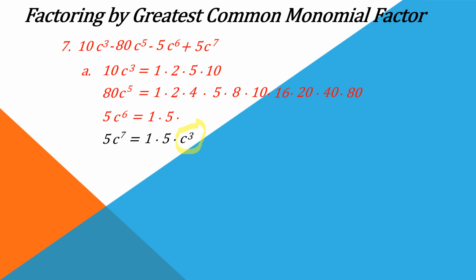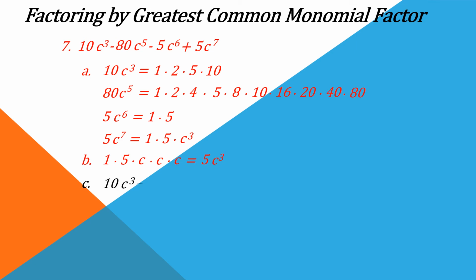And we will take the numerical factors of each term. All of them have 1 and 5. Combined with c cubed, our greatest common factor is equal to 1 multiplied by 5 multiplied by c cubed, or simply 5c cubed. And we will divide each term by this greatest common factor 5c cubed.